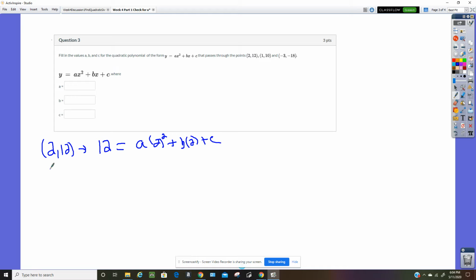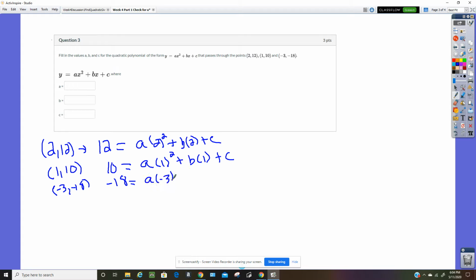And then for 1, 10, you have 10 is equal to a times 1 squared plus b times 1 plus c. And then for negative 3, negative 18, you have negative 18 is equal to a times negative 3 squared plus b times negative 3 plus c.